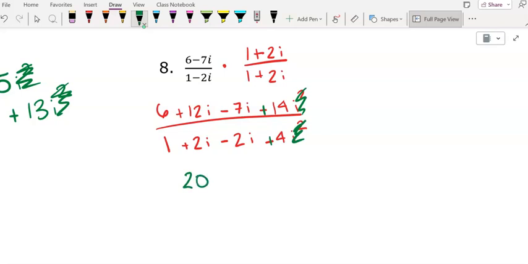And then I have 12i minus 7i, so that's going to get me plus 5i. And then I'm going to go ahead and do the denominator. And the denominator here, I'm going to have 1 plus 4, and then this 2i minus 2i cancels out. So this becomes 5.